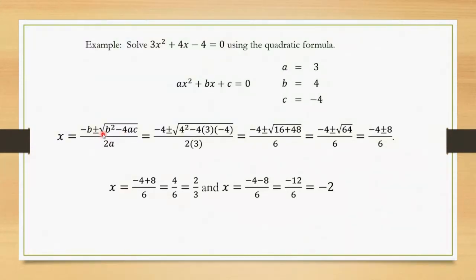Negative b plus or minus the square root of b squared minus 4ac over 2a. That's negative 4 plus or minus the square root of 4 squared minus 4 times a times c over 2 times a, as you can see.